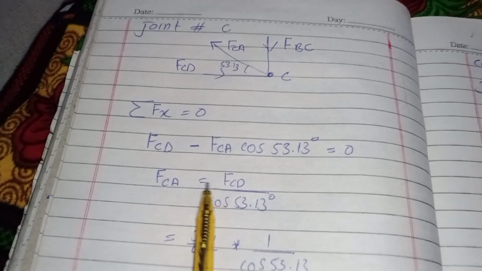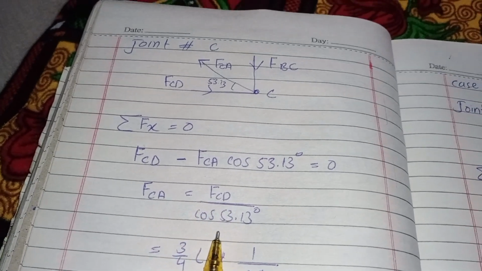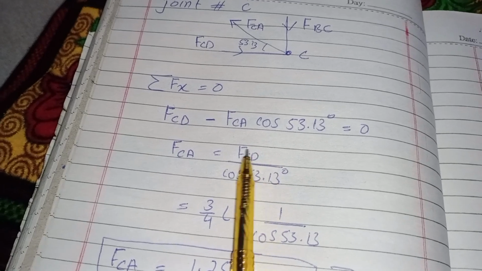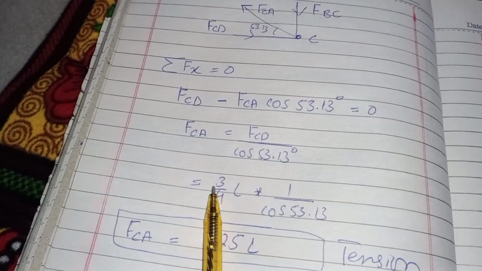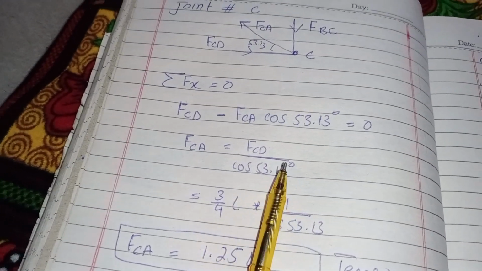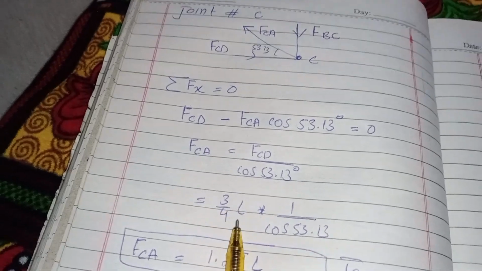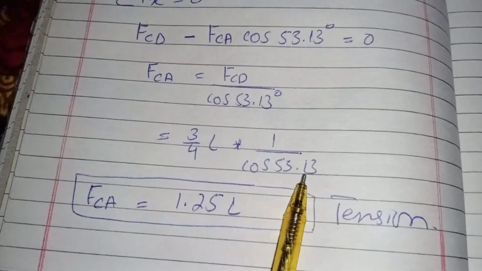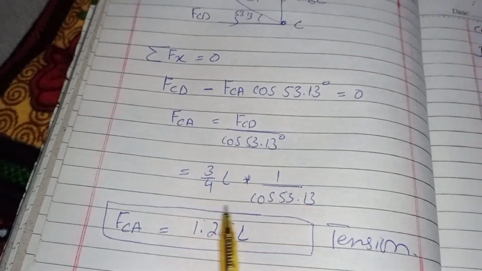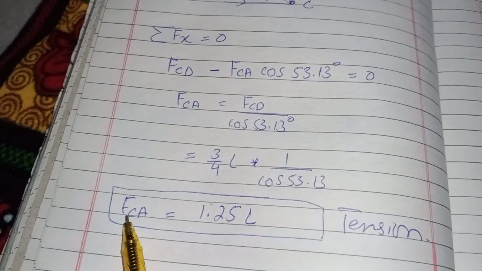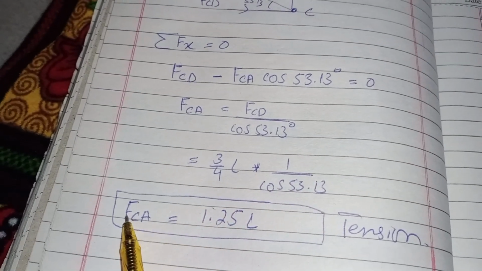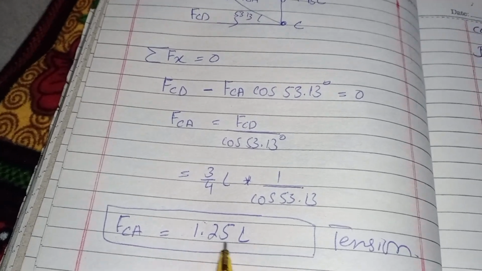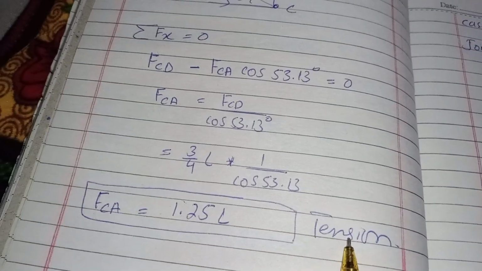So FCA will equal FCD divided by cos 53.13. The value of FCD is 3 divided by 4L, into 1 divided by cos 53.13. So if you calculate it on your calculator, the result is FCA equal to 1.25 L, which is in tension.